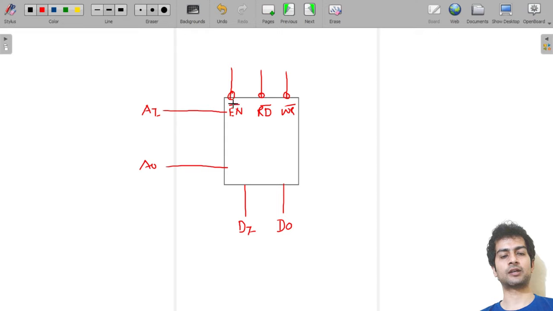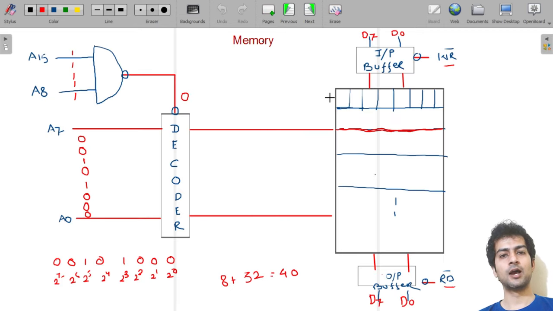So this is the way we represent memory. Now suppose anyone asks you what will be the range of this memory.